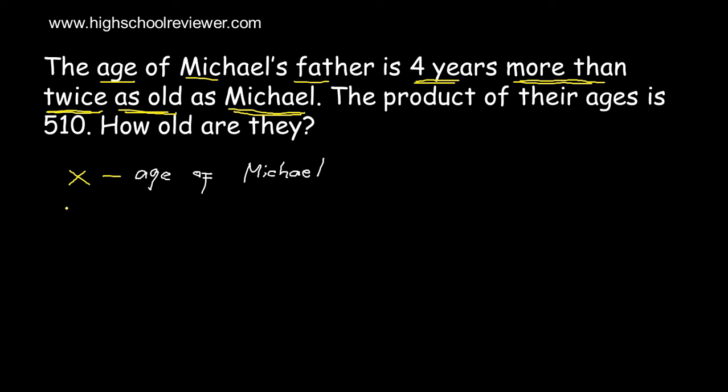When we speak of twice, it is multiplied by 2, meaning the age of Michael will be multiplied by 2. But twice the age of Michael and 4 years more, so we will add 4. 2x plus 4 is now the age of Michael's father.